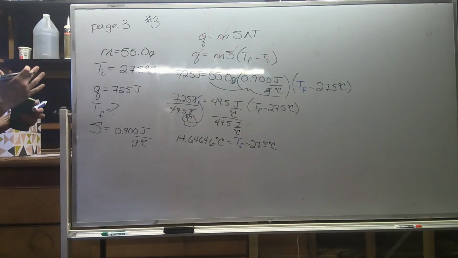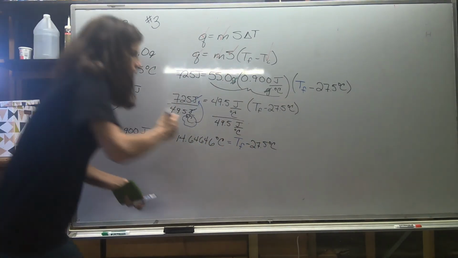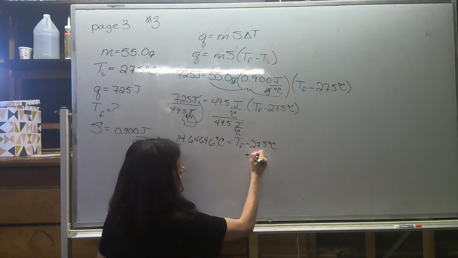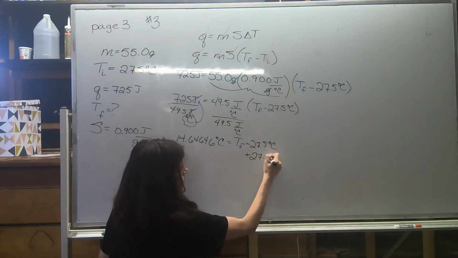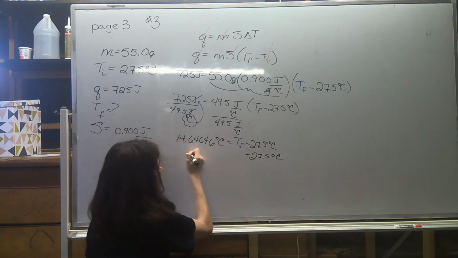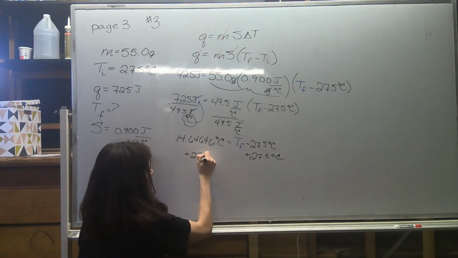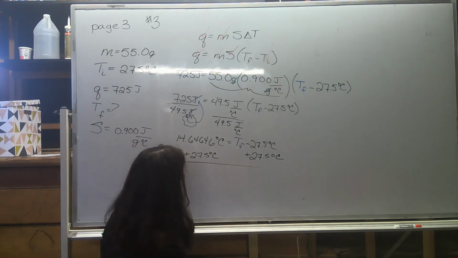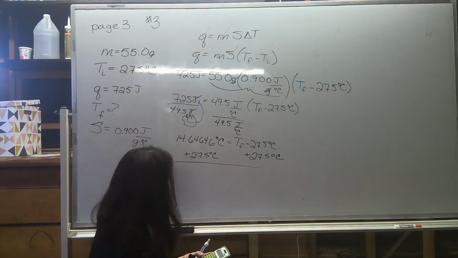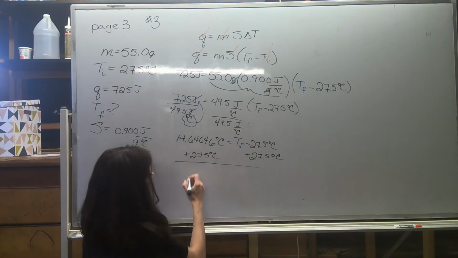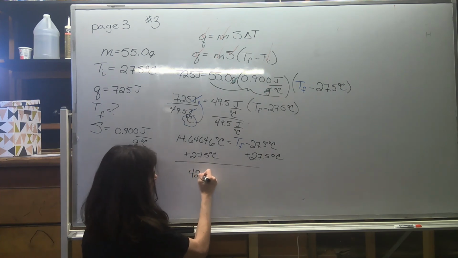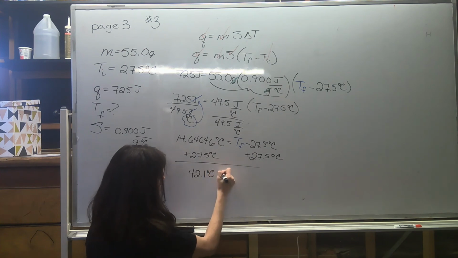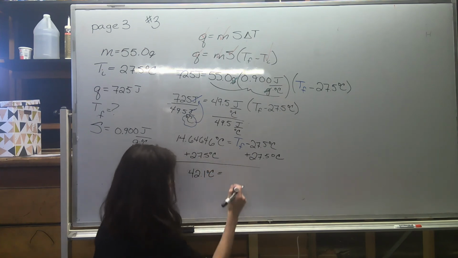My goal is to get T final, so I can add 27.5 to each side of my equation. All right, so 42.1 degrees Celsius equals T final.